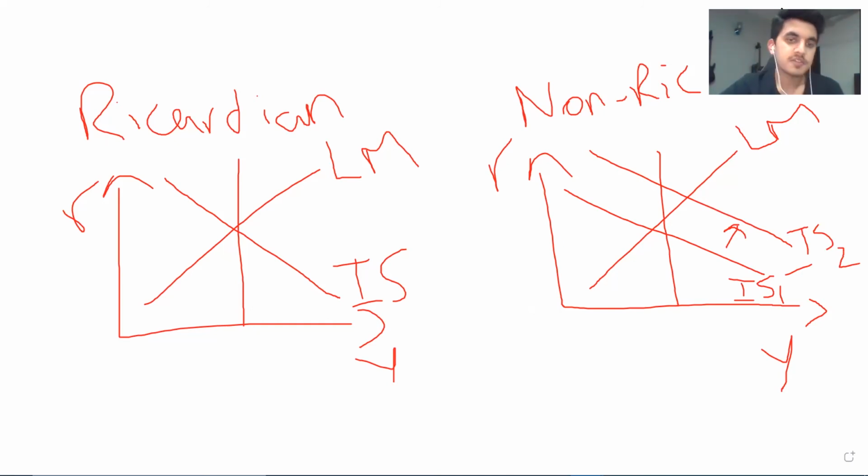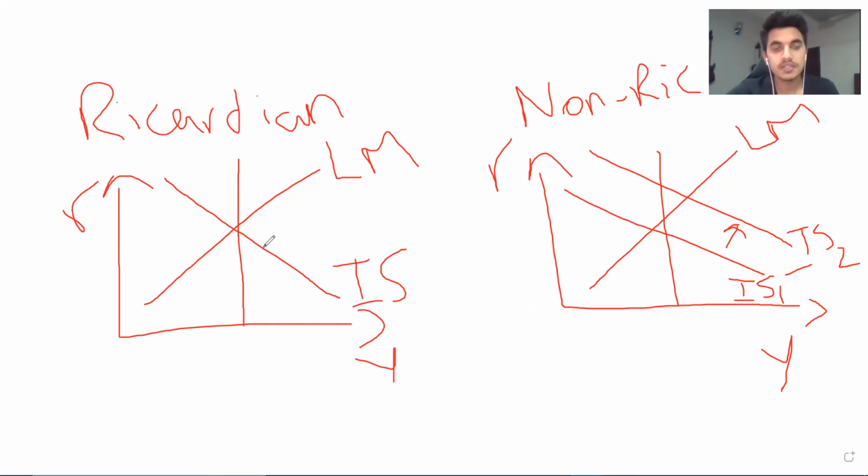So, an expansionary fiscal policy in the Ricardian world would virtually have no effects on the output of the economy because the IS curve does not shift, because consumers are rational and they know that the tax cut would be followed by a tax increase in the future.